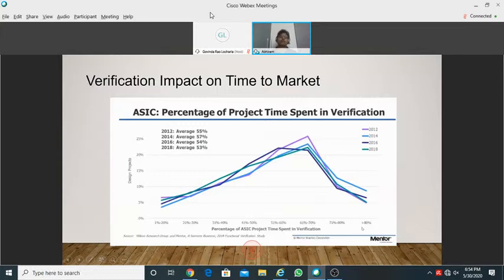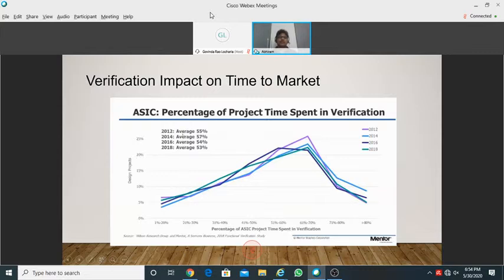So it is the most critical path in the SOC design flow. For your SOC to come to the market, or to be sent to a foundry for fabrication, verification is the most critical path, and that is where we are spending enormous amounts of time. That is what this slide explains.